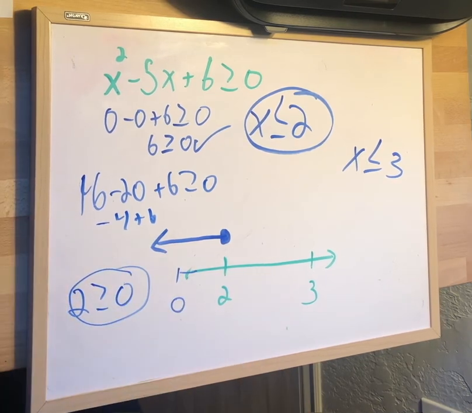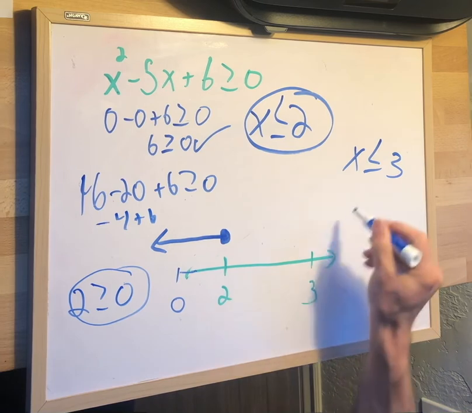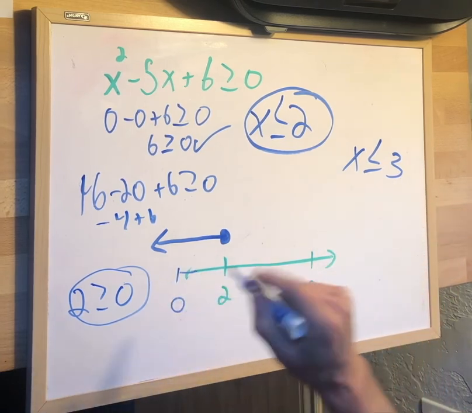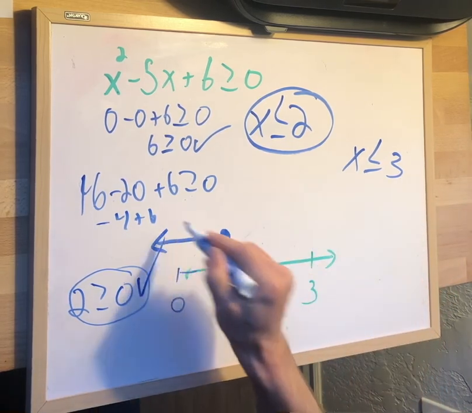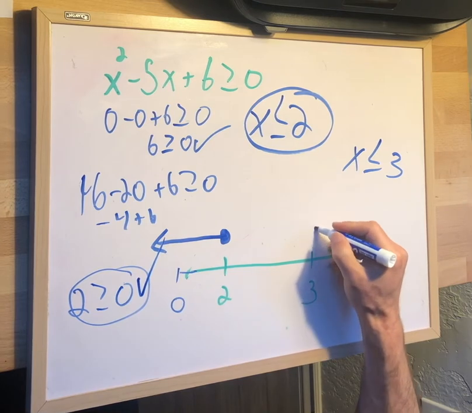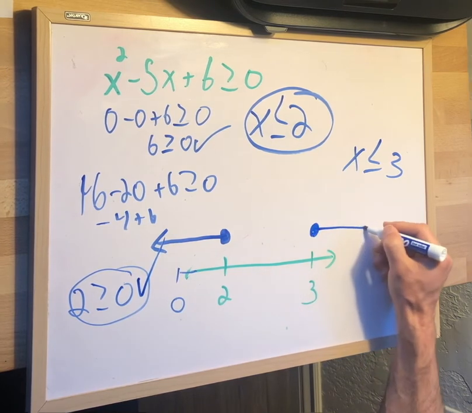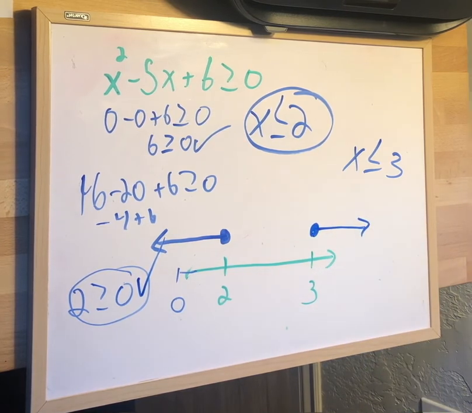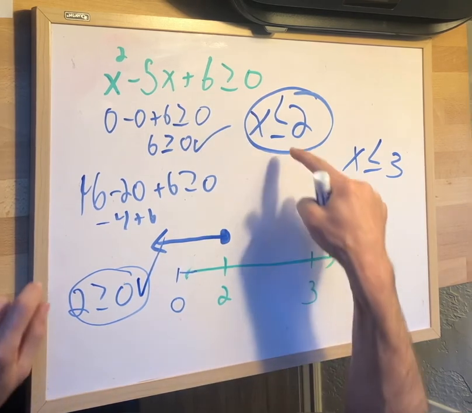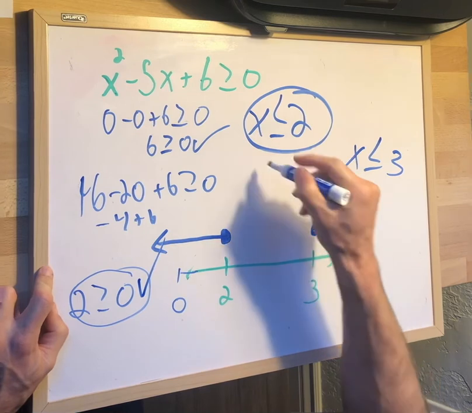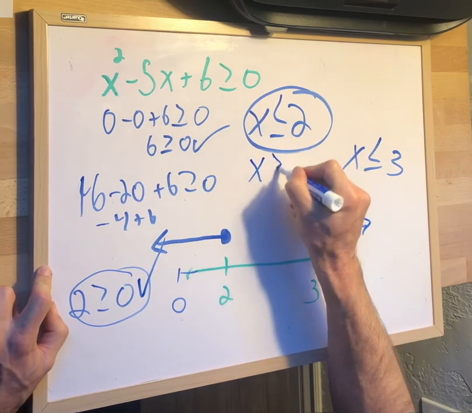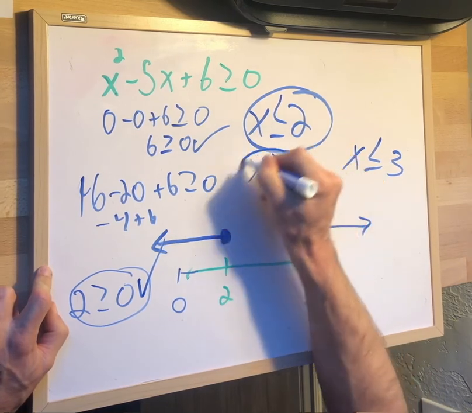That is a true statement. So luckily I didn't graph this, because I know that 4 satisfies this statement. So that means from my 3, I'm going to include 4. And my 2 answers are x is less than or equal to 2 and x is greater than or equal to 3.